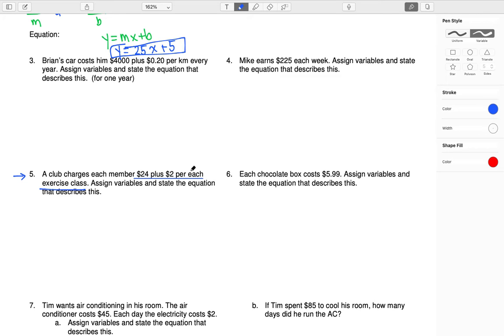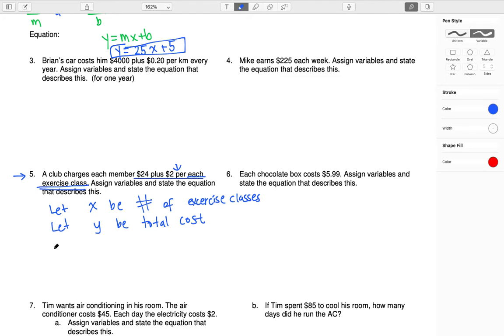And it says per each exercise class, per, right? So therefore we have to say let X be the number of exercise classes, and let Y be the total cost.